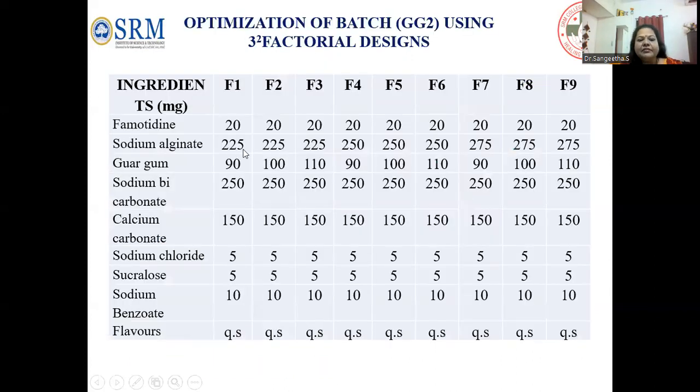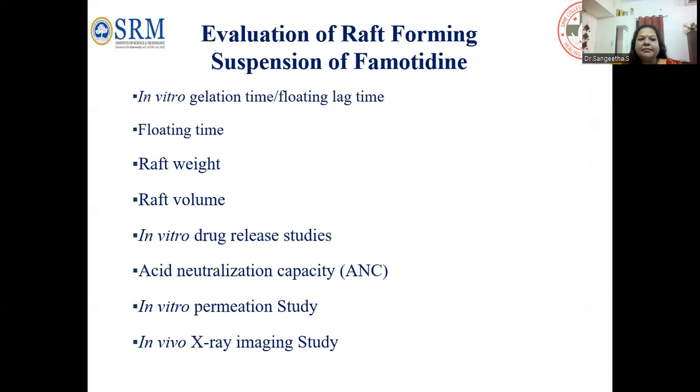These are our different preparations with alginate, guar gum, sodium bicarbonate, calcium carbonate, sodium chloride, sucralose, sodium benzoate, and additionally flavors, and totally 9 formulations.